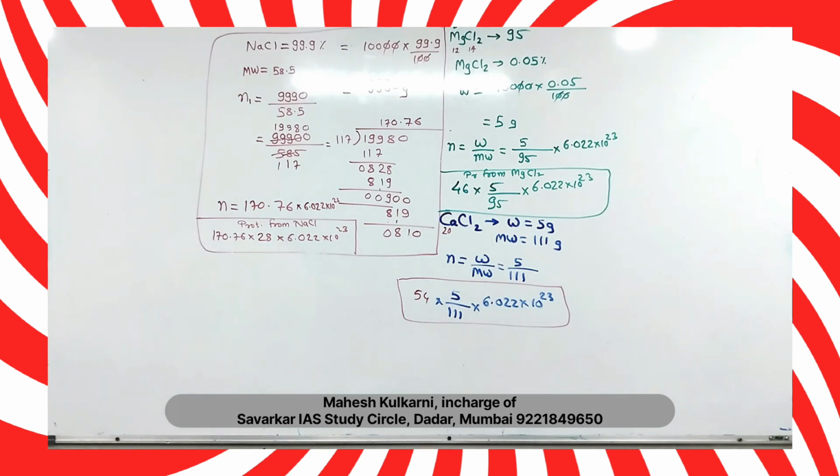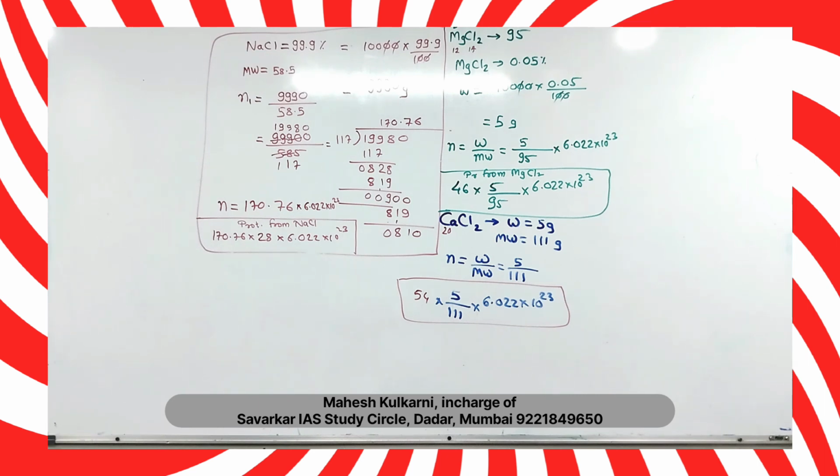So by looking at these boxes, you can check the number of protons present in sodium chloride, that is solved in red color, then in blue-green color, whatever that is, we will get the number of protons from magnesium chloride, and in blue color with only the red multiplier you will get the number of protons from calcium chloride.